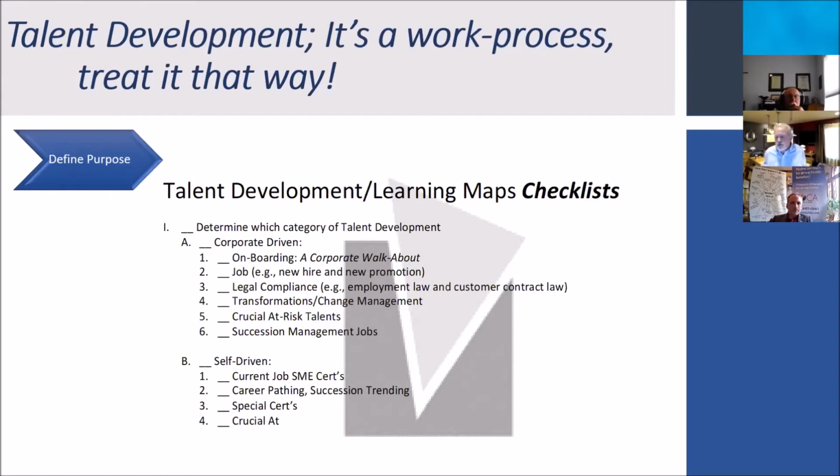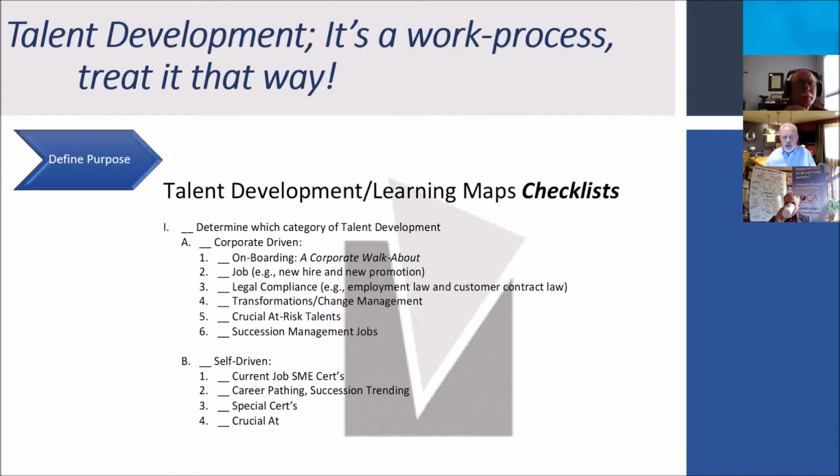Whenever you do something in change management, you should have some sort of an update, otherwise known as a talent development learning map, to help people to understand better what these changes are all about and what your roles are in those changes. Then we have something I call crucial at-risk talents.